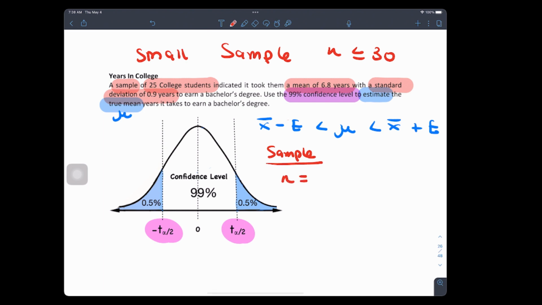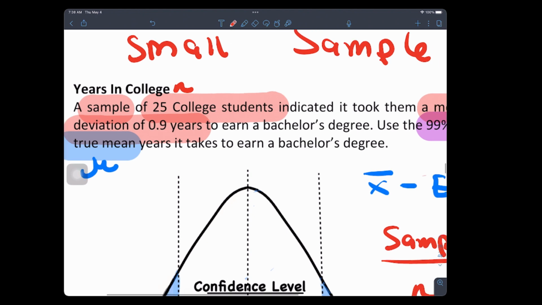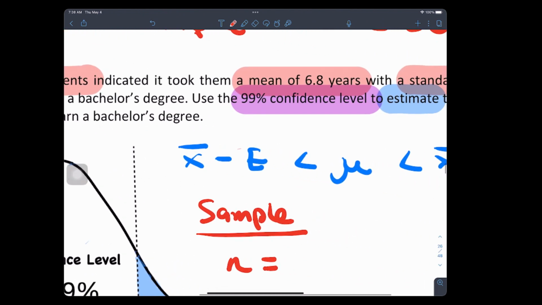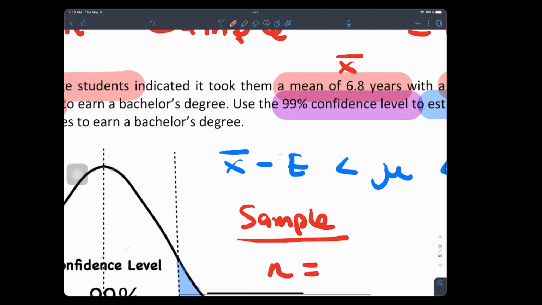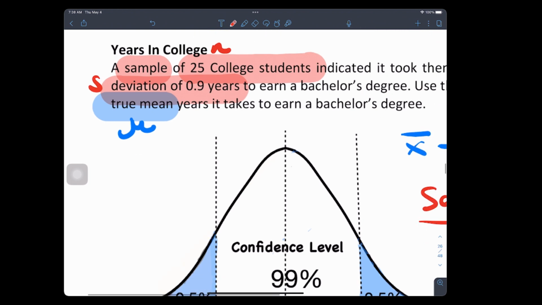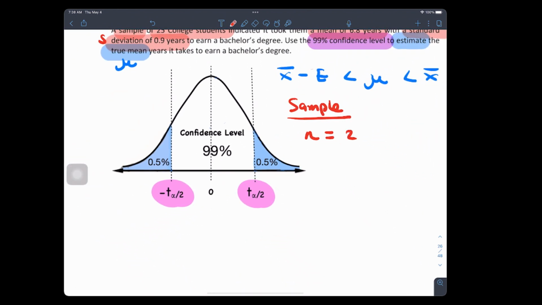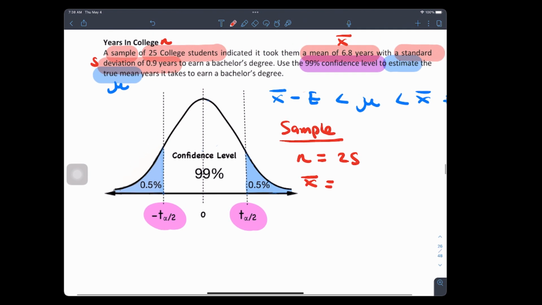What's my sample size in this? N is 25. Good. What's the sample mean? 6.8. What's the sample standard deviation? 0.9. So I write that down. N is 25, sample mean is 6.8, sample standard deviation is 0.9.